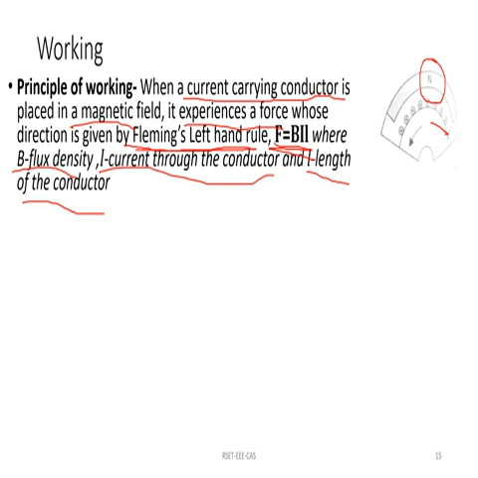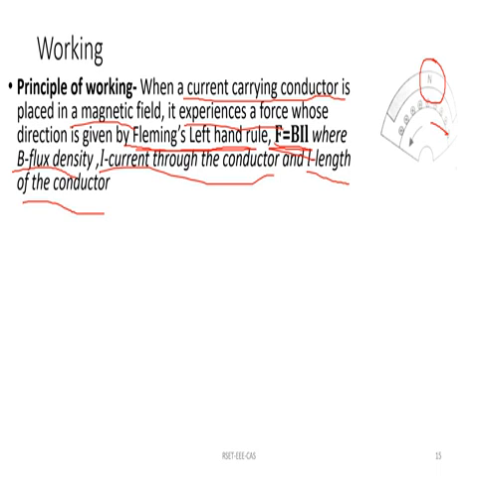Now Fleming's left hand rule states that if the thumb, forefinger and middle finger of your left hand are stretched mutually perpendicular to each other, and if the middle finger indicates the direction of induced EMF or the current, forefinger indicates the direction of field produced by the stator, then the thumb will indicate the direction of force experienced by the armature conductor.